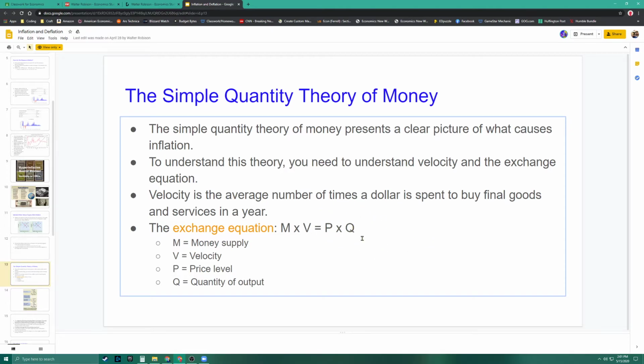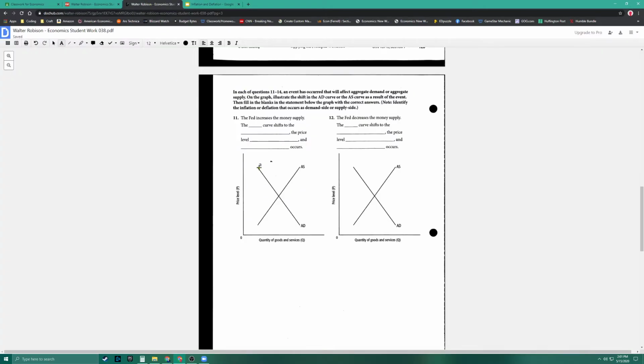So this is the supply side. This is the demand side. So since money supply has gone up, we're going to shift. And if you guys remember, we can do that with these lines. So this shifts, okay? You can go like this if you'd like with an arrow. So aggregate demand has shifted to the right.